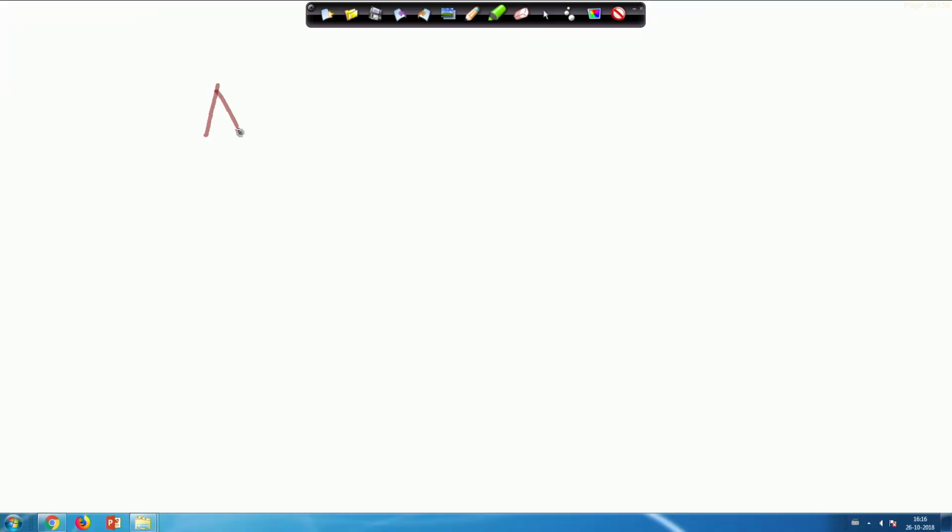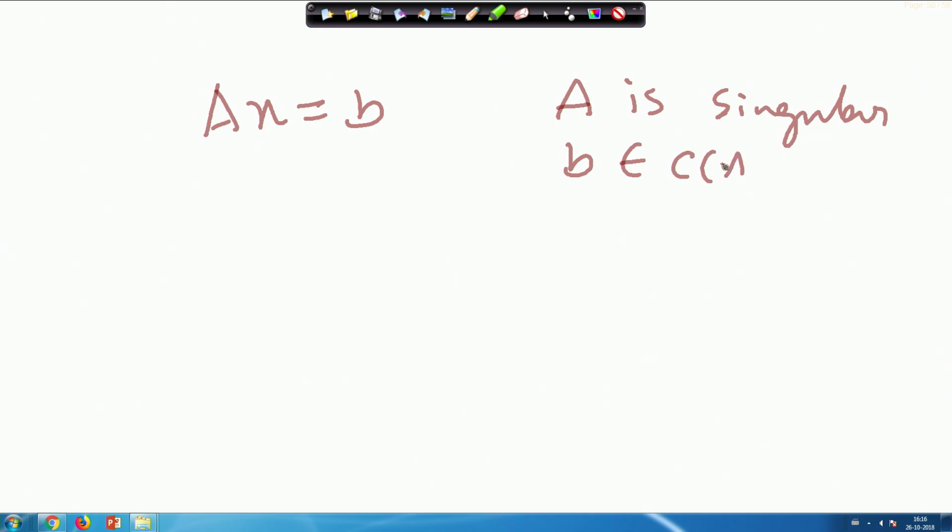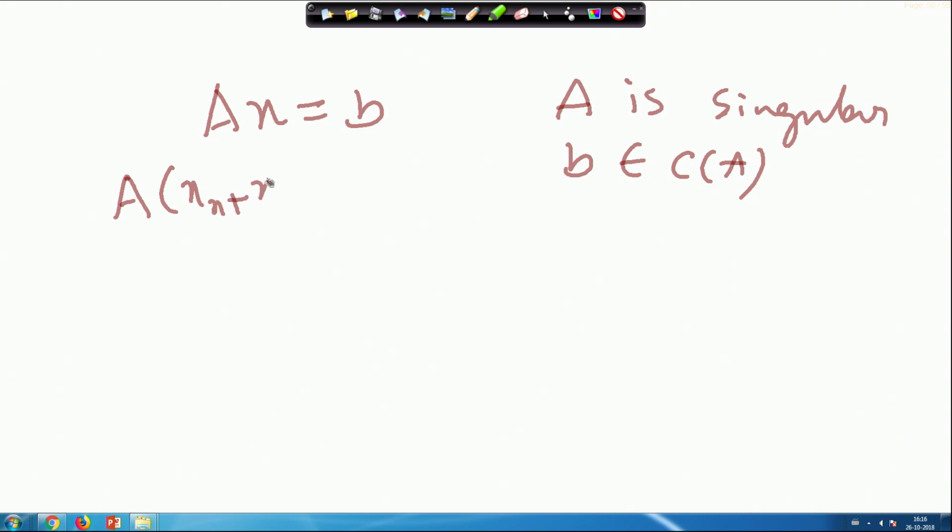If I have Ax = b, and A is singular, however b lies in the column space of A, then this system has infinite solutions. So, we split this solution as A x_n + A x_p = 0 + b.